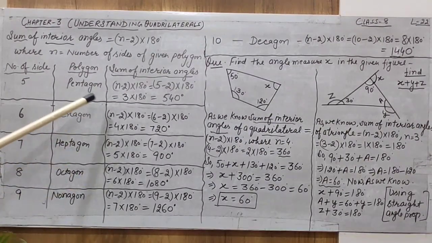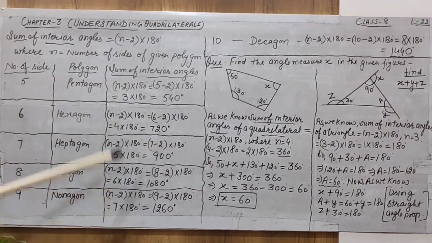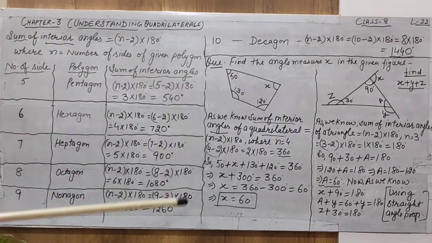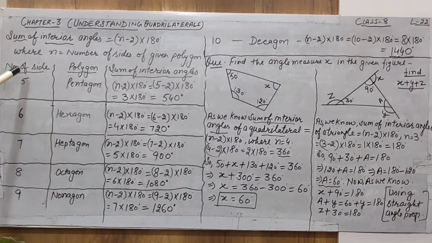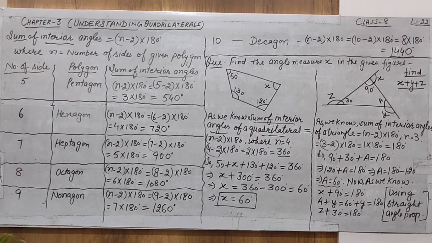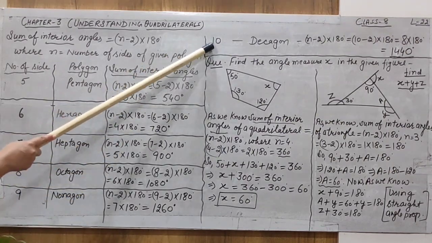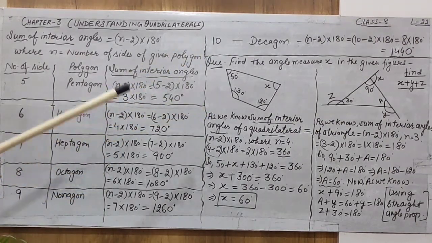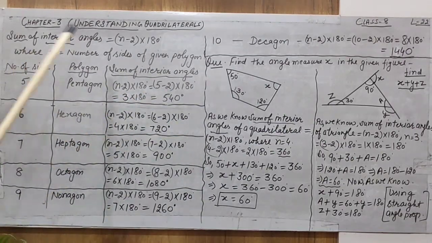I hope you understand very well how you can find the sum. You should also make a table in your notebook using the number of sides, polygon and sum of interior angles, at least up to 10 sides. Up to 10 sides you must note it down in this format.